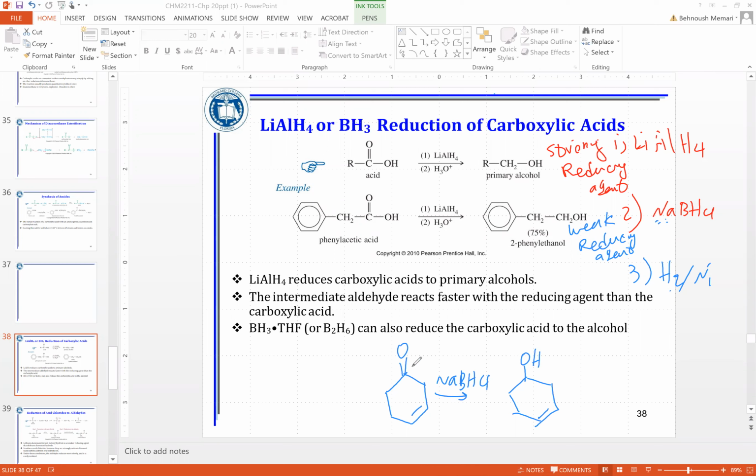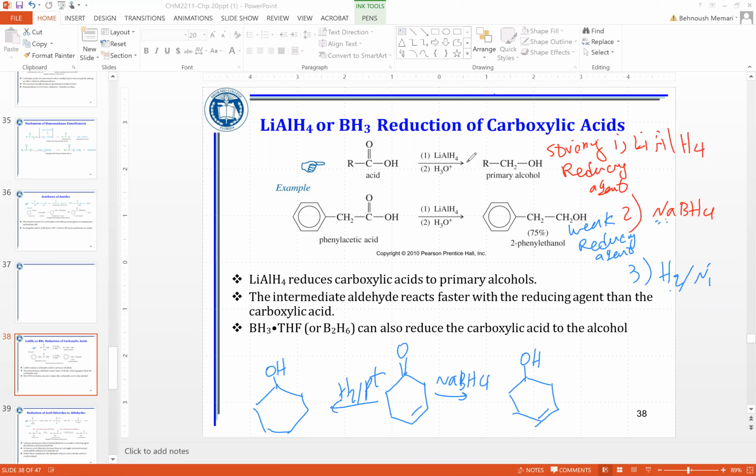The ketone would change to a secondary alcohol, but the pi bond will stay. If I use H2 with platinum, it would change the ketone to a secondary alcohol, and it will also saturate the carbon-carbon double bond. This is not a typo. The double bond would get saturated as well. So it's stronger than sodium borohydride.